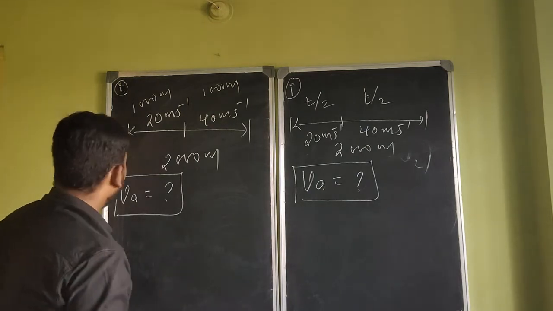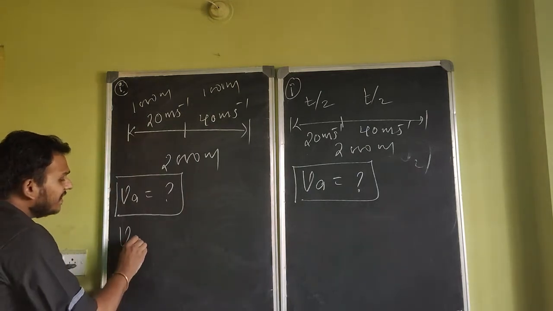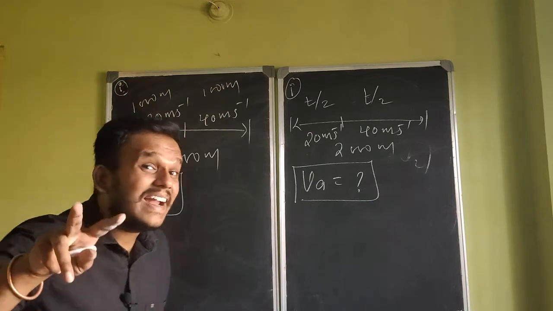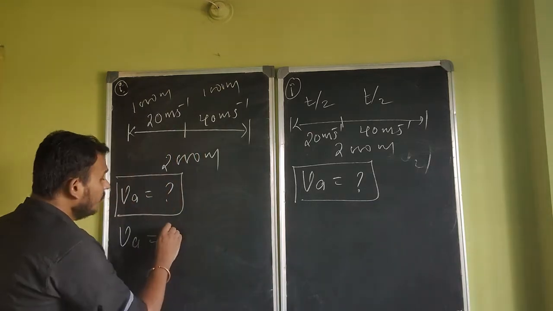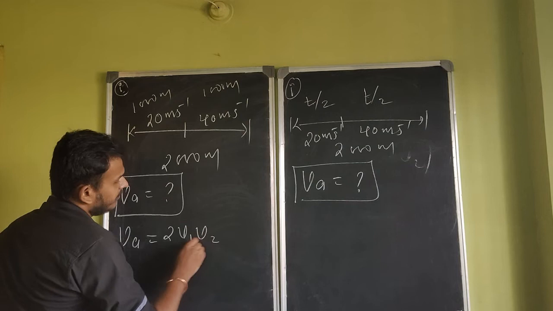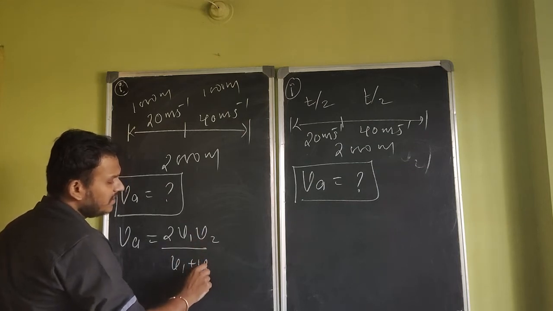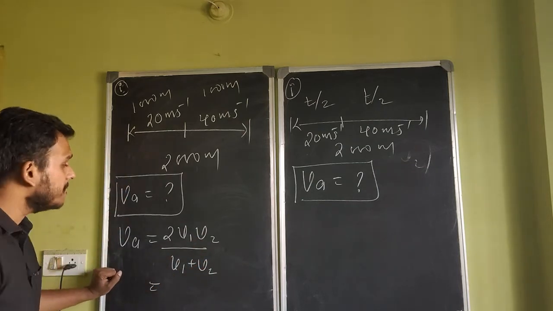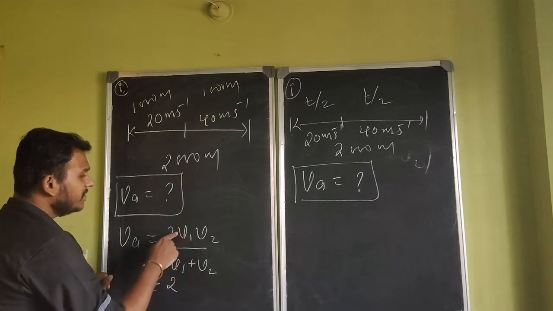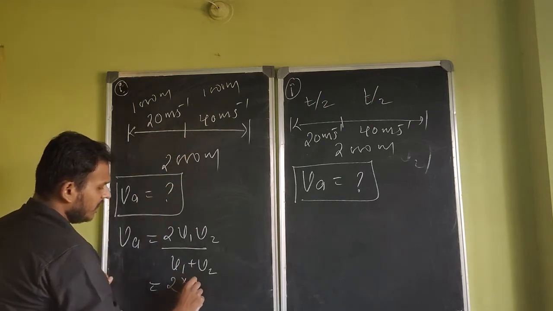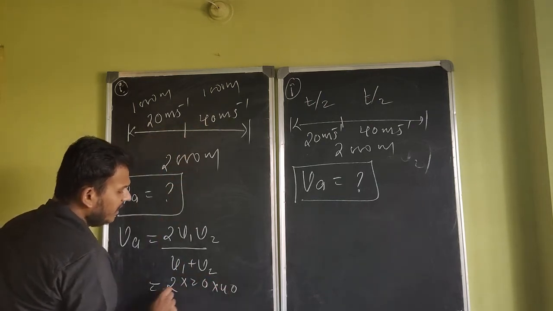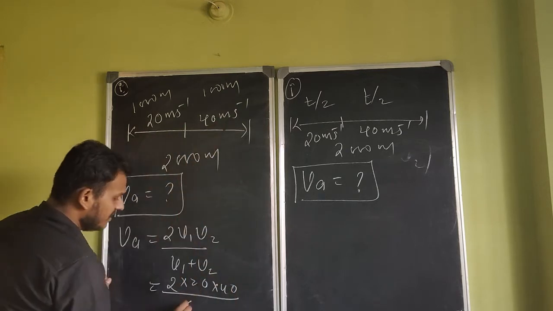Fine. Let's see. So average velocity in this case, which category is this? Second category. So the formula is going to be 2v1 v2 divided by v1 plus v2. 2 times 20 into 40, divided by v1 plus v2, which is 60.